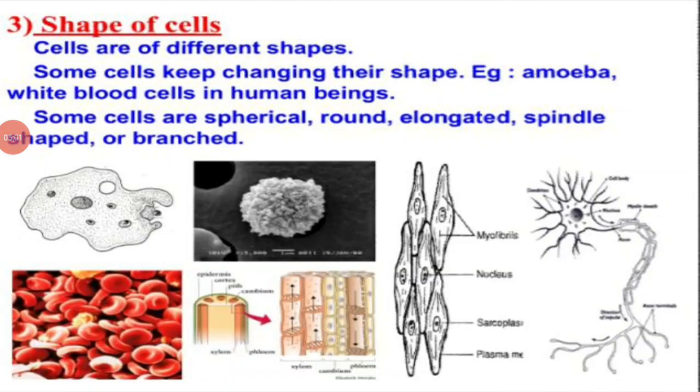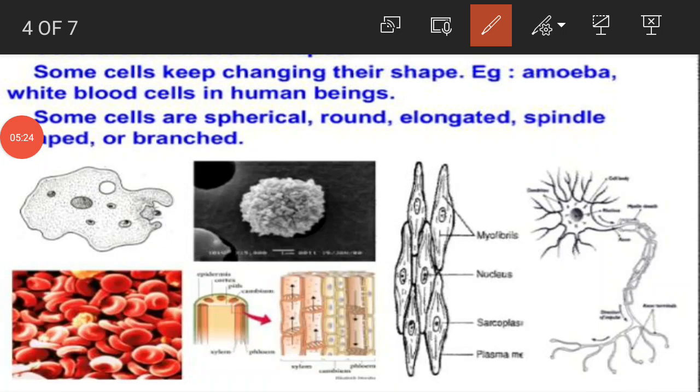Next, shapes of cells. Cells are of different shapes. The cells present in different organisms are of different shapes, or within a single organism different shapes of cells are present. Some cells keep changing their shapes, for example amoeba and white blood cells in human beings.